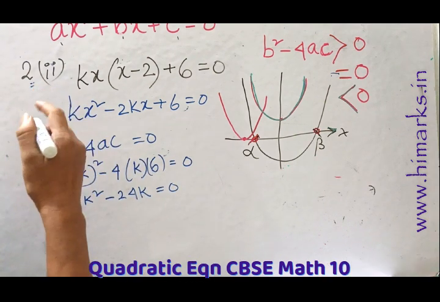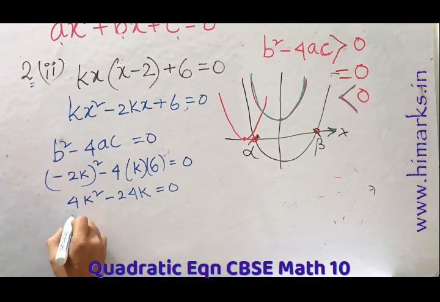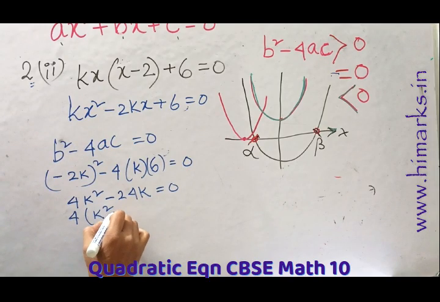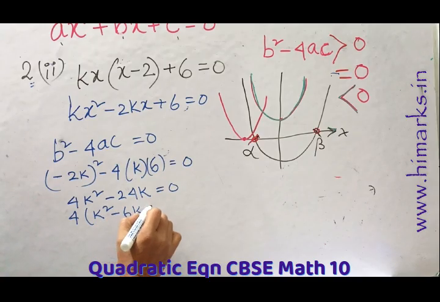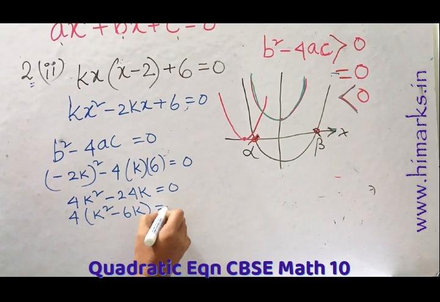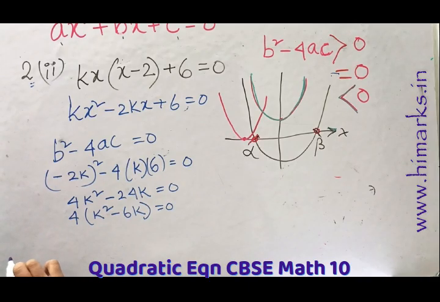Now observe here. First we'll remove the 4. 4 will be taken common, 4 into k square minus 6k equal to 0. So if you divide 4 on both sides, what equation do we get?